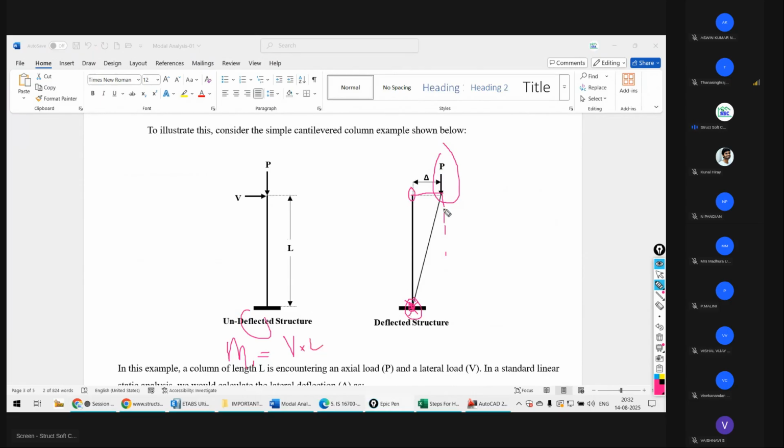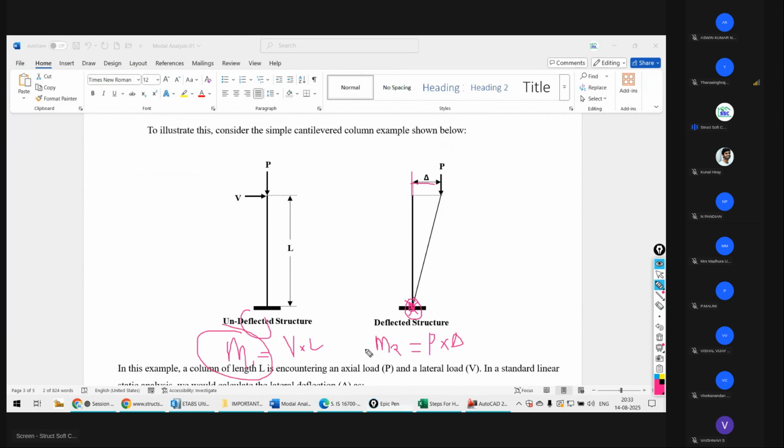And secondary, this is the moment due to the P force, and the distance is nothing but this delta. So this is called P delta.